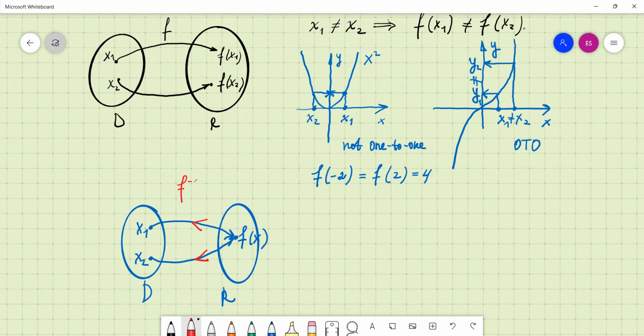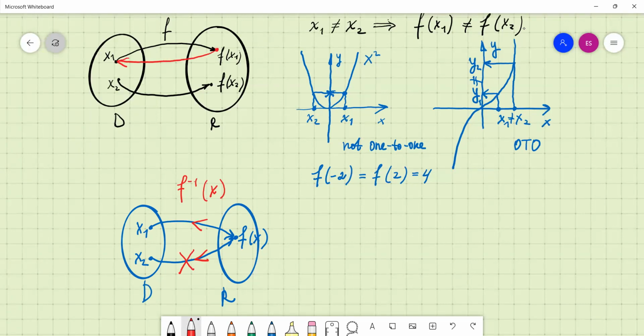The inverse function is going to be labeled f inverse of x. So we are going to drop this one and then we are going to have the inverse. If all your direct values have one image, then you can easily say, okay, now if I start here, I'm going to arrive over here.